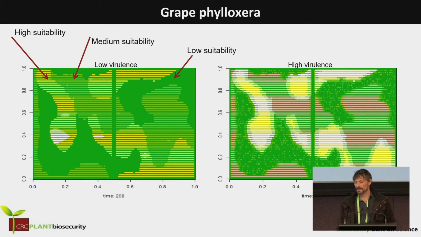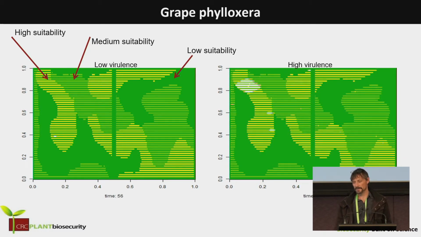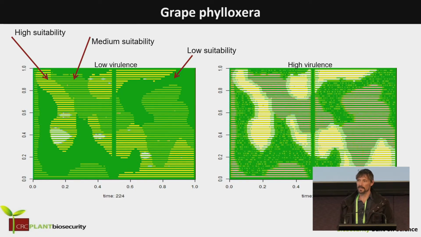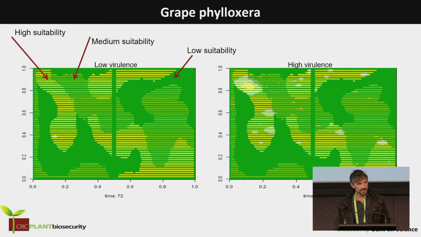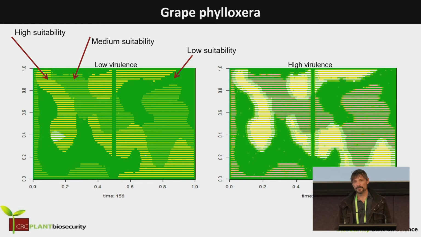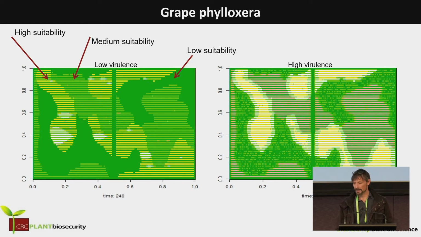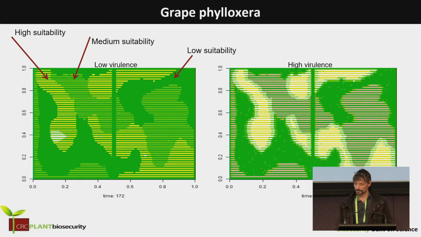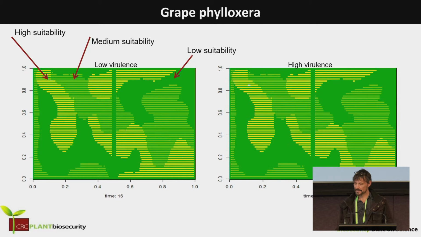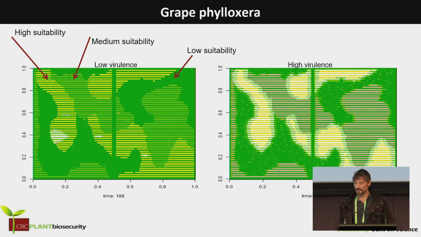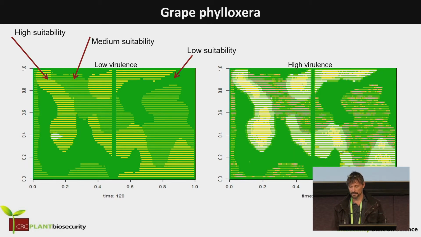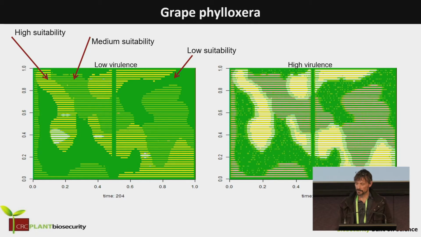We can simulate highly virulent situations like the one on the right, or low virulent situations like the one on the left, which might represent different environmental conditions, different genotypes of the phylloxera, or different rootstocks of the vines, for example. You can see that the populations build up and spread much faster on the right than the left, but they spread slower into the low suitability soil because it's low suitability for the phylloxera.